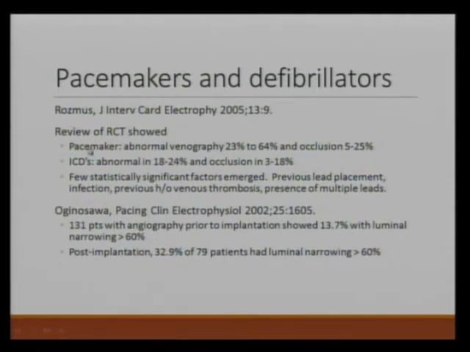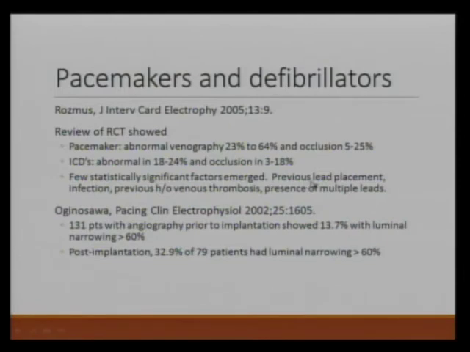And this is because of the pacemaker. And then with ICDs, which tend to have a slightly larger lead than the pacemakers, they had abnormal venography in 18 to 24% and occlusion in 3 to 18%, which is not that different, maybe a little less. Most of the studies had no significant factors at all, and I think they're very reluctant to say these are factors that lead to stenosis, but there were some.